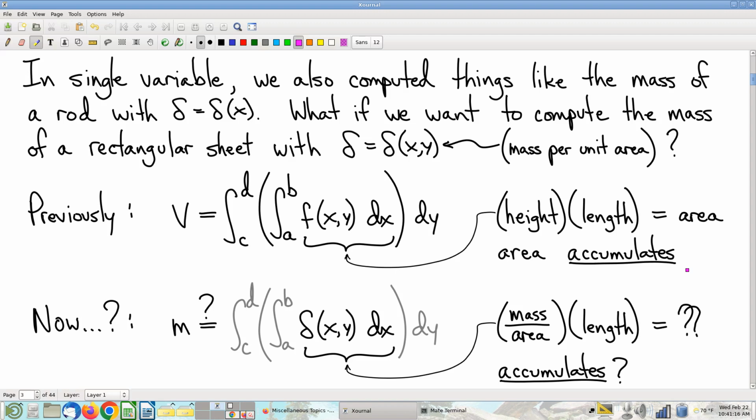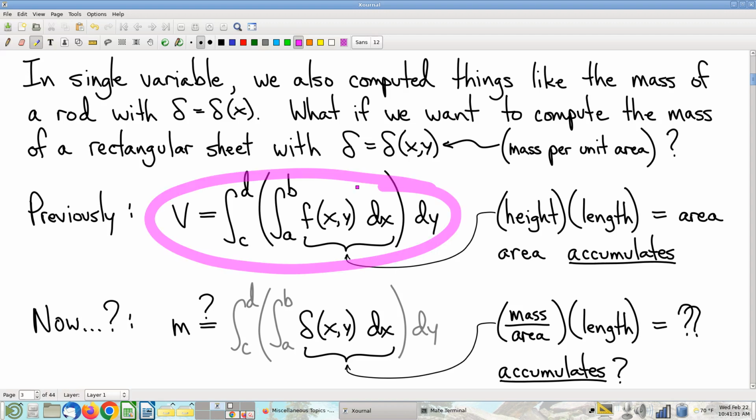I am getting a little ahead of myself. But the area under a graph is just one of many things that we compute when we're doing single variable integrals. So likewise, computing volume under a graph that we just did is only one of many, many things that we're going to be computing as we do integrals.